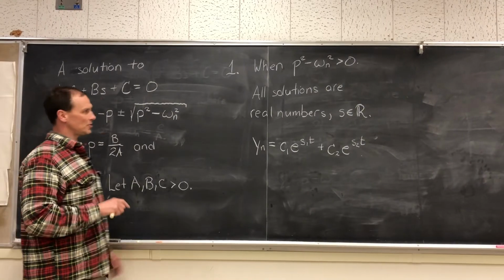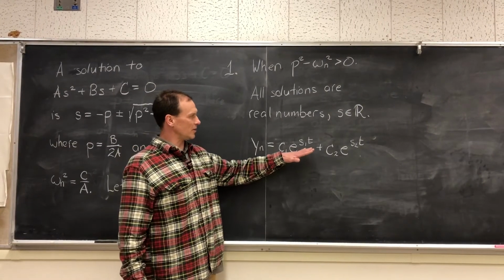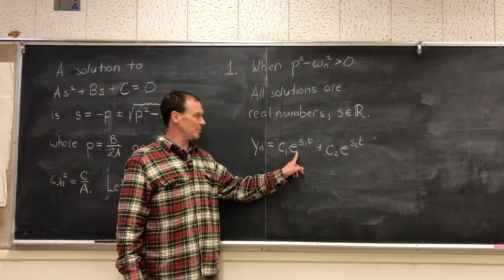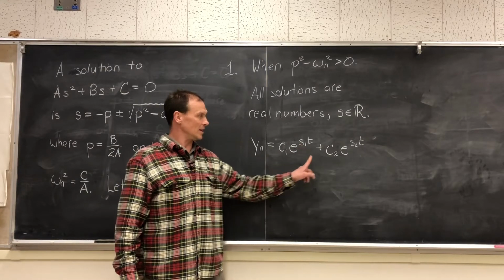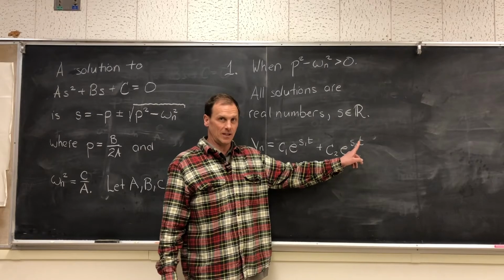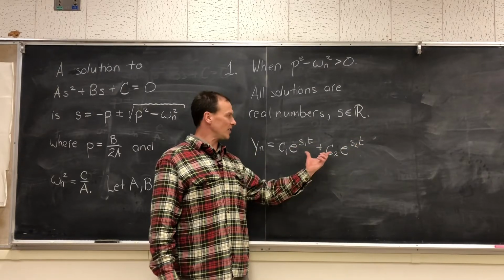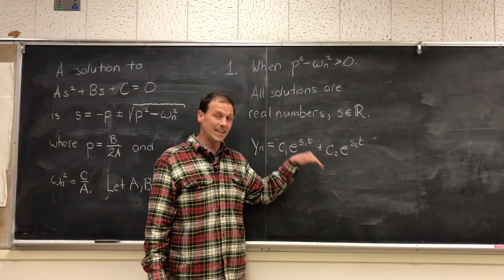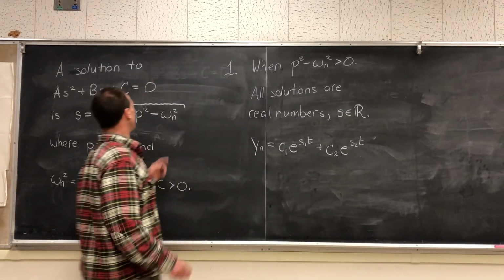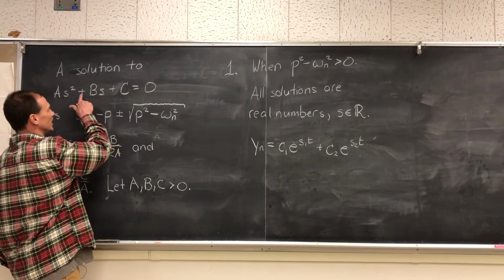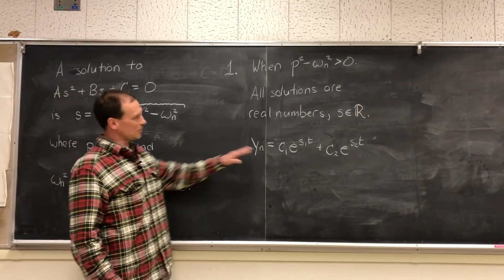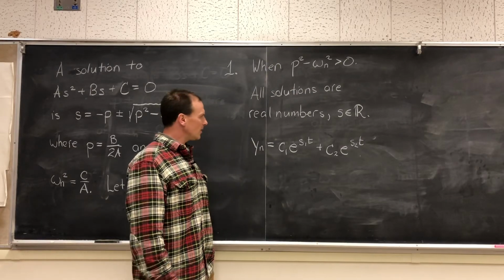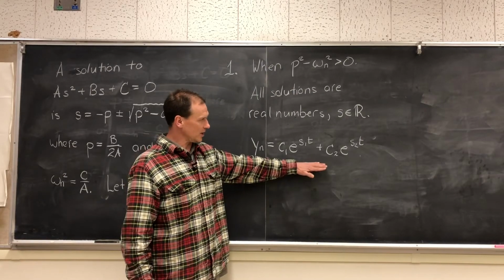So all of our solutions are going to be decaying, e to some negative t, and e to another negative t. It's just the sum of two exponentials that are both decaying. And if this b had a negative sign here, these terms would be exploding, but that's not the case that we're considering.